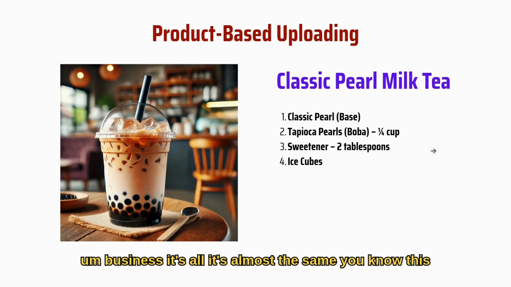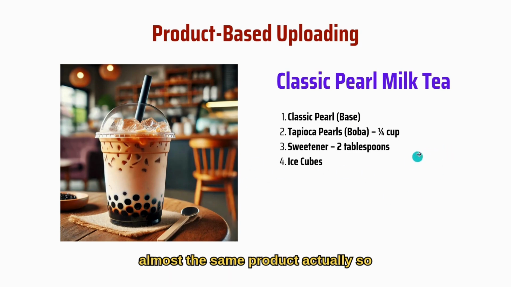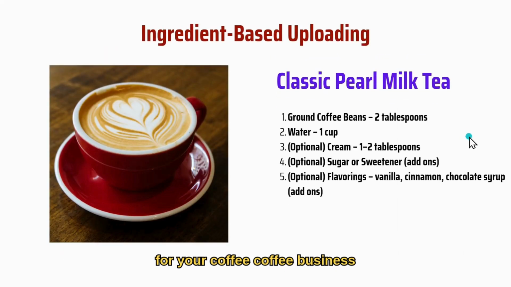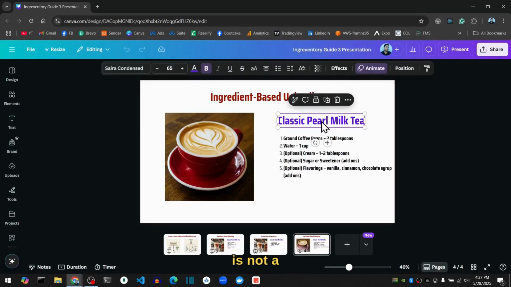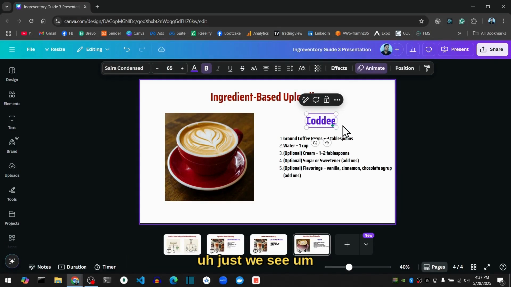It's almost the same. Coffee and milk tea are almost the same business, almost the same product actually. So for your coffee business, we will take an example. Sorry, this is not a pearl milk tea, but rather a coffee.